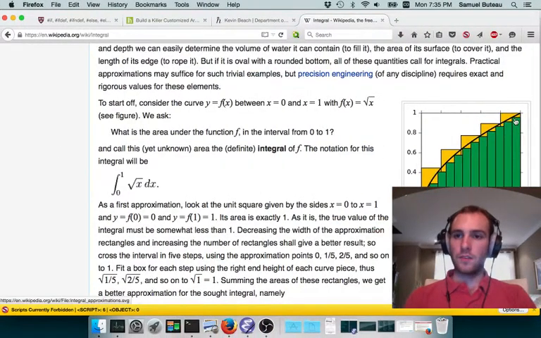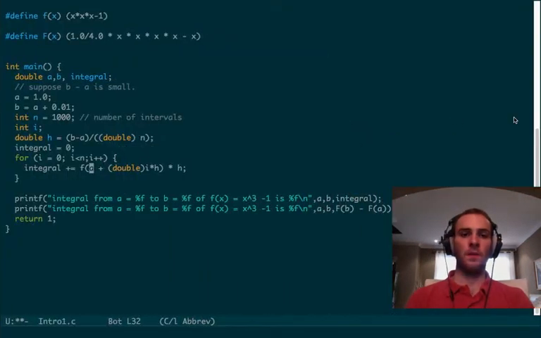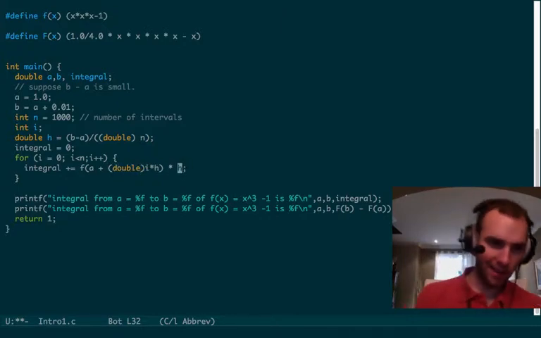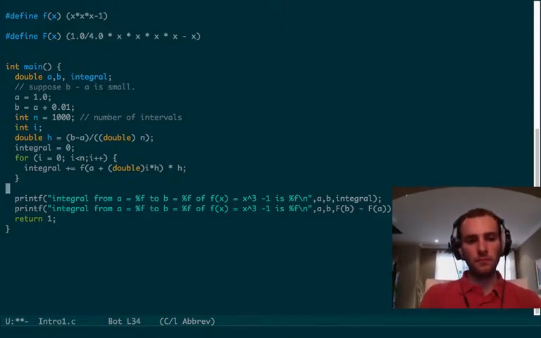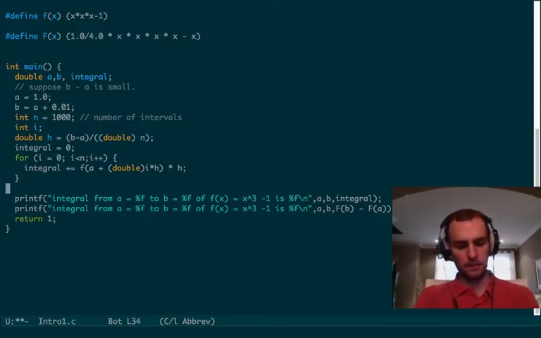So for the last one, we're taking this value. This would be b, f at b, and this is f at the one before that. And then you multiply by this length, h. All right, let's give that a try.